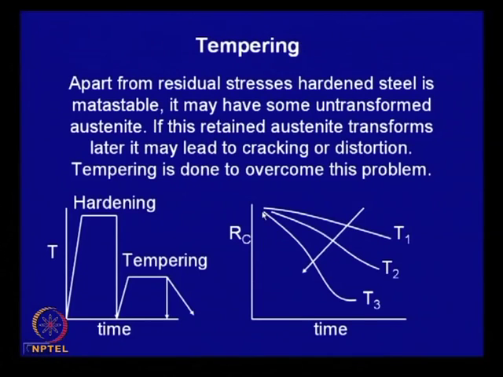What you can do is heat a series of samples, temper at a temperature T1, and after tempering for a certain length of time you quench to room temperature, measure the hardness and make a plot. So, this gives the kinetics of hardness change at temperature T1, and you will find if you increase the temperature, the rate of that hardness decrease becomes faster.